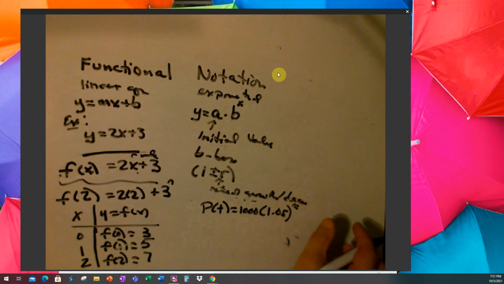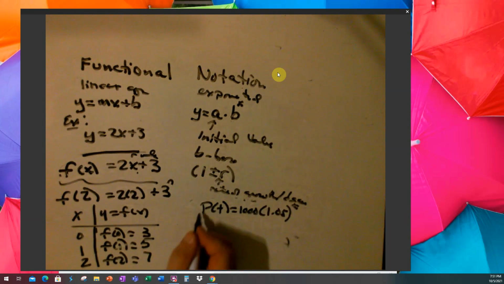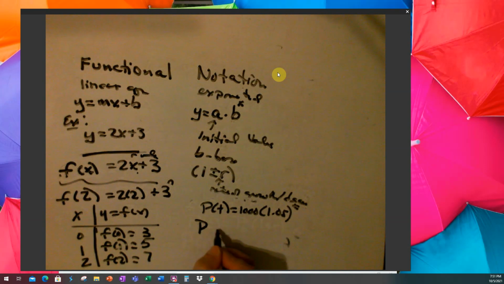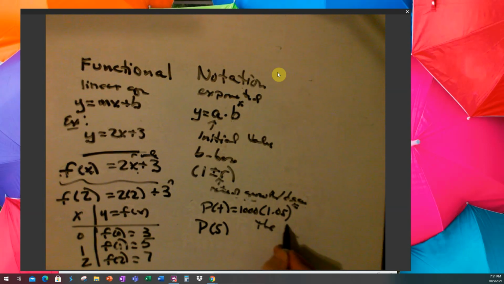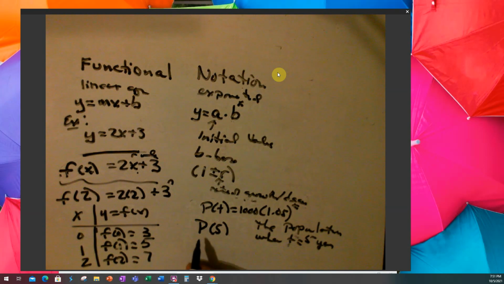And then the next one and the next one, I keep doing the 1.05. But now if I wanted to evaluate that for P of 5, this says what is the population when T is equal to 5 years. Let's just say evaluate P when T is equal to 5.